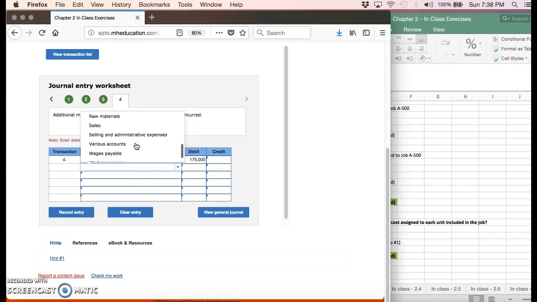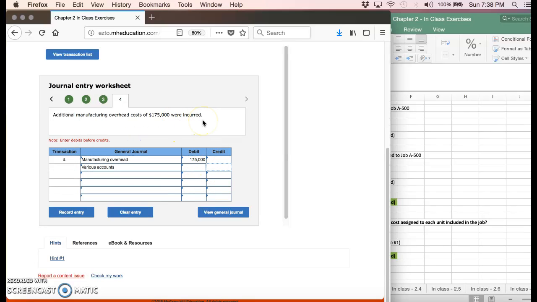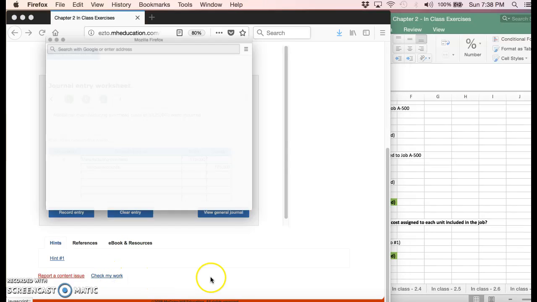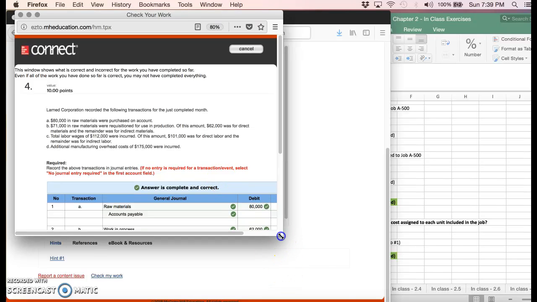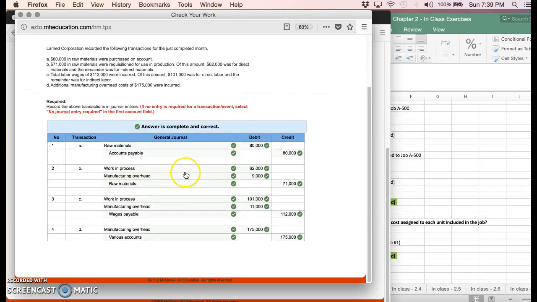I think it's going to be various because it doesn't say how they were paid for. So it's probably a credit to various accounts. So let's see. Yes, so now we're all set.